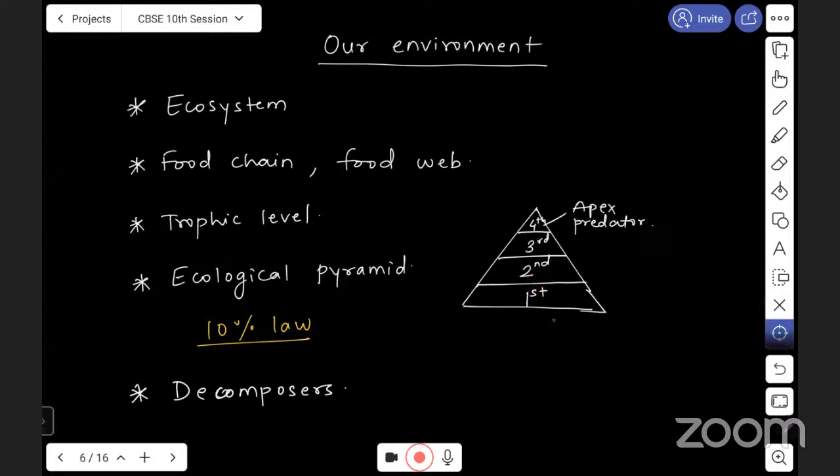Okay, as organism किसी भी trophic level का हो, decomposers will act on them once they are dead, right? So we can't place decomposers in any one specific trophic level. Okay, clear everyone? Yes.